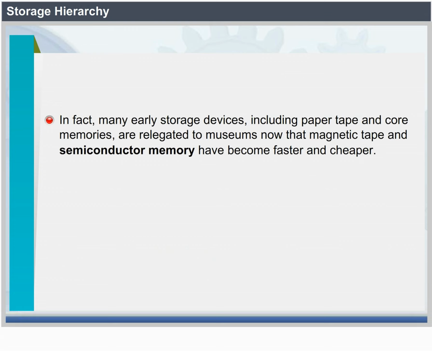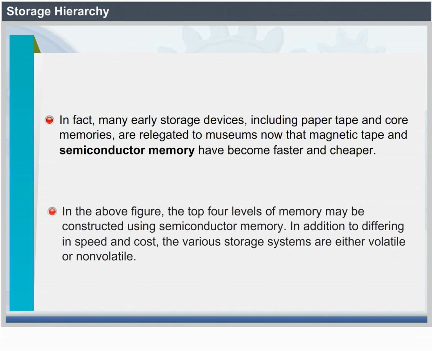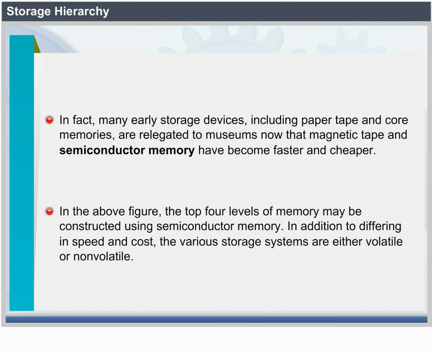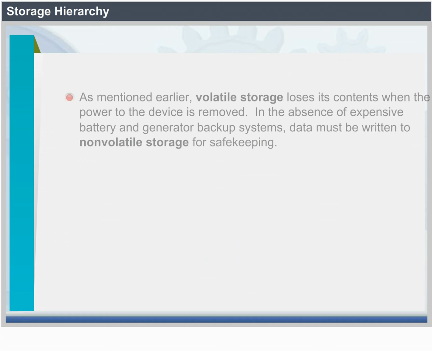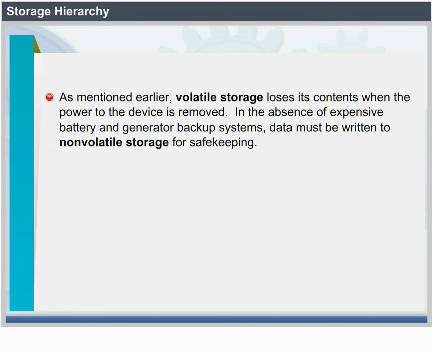The top 4 levels of memory in the figure above may be constructed using semiconductor memory. In addition to differing in speed and cost, the various storage systems are either volatile or non-volatile. As mentioned earlier, volatile storage loses its contents when the power to the device is removed.